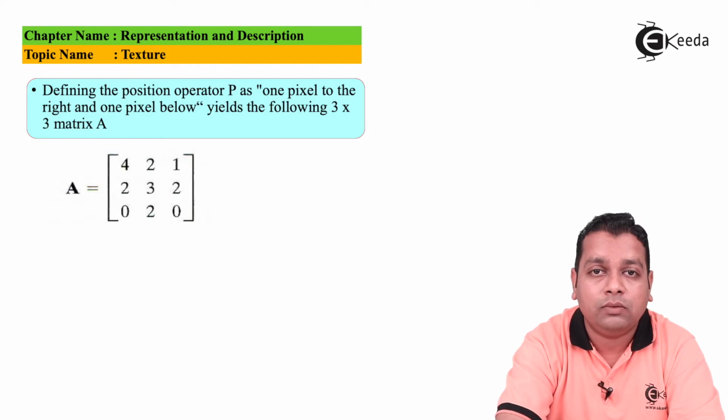So capital A for this example has the first row 4 2 1, the second row 2 3 2, and the last row 0 2 0.